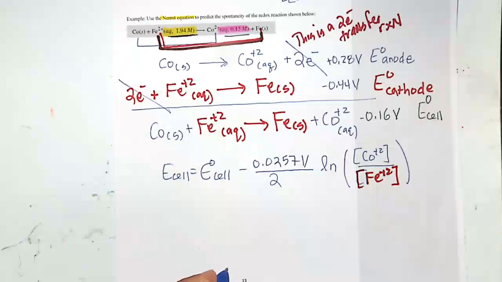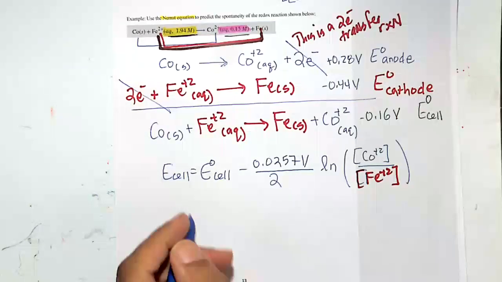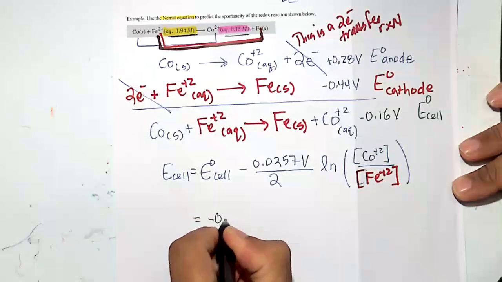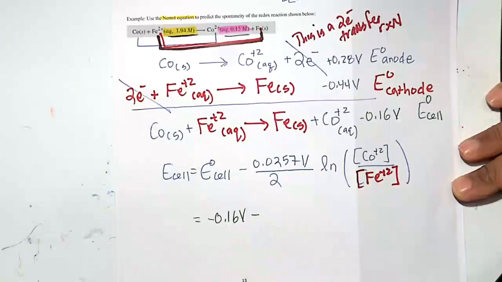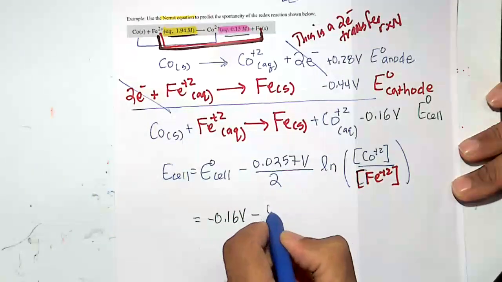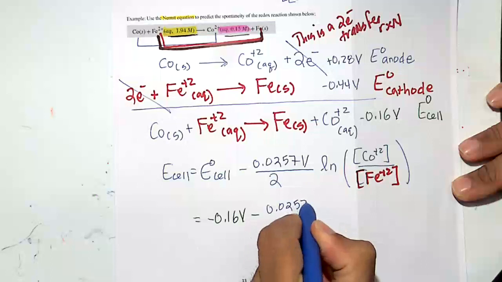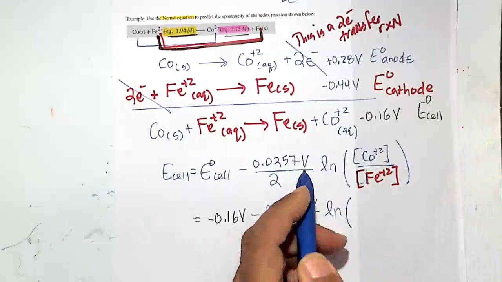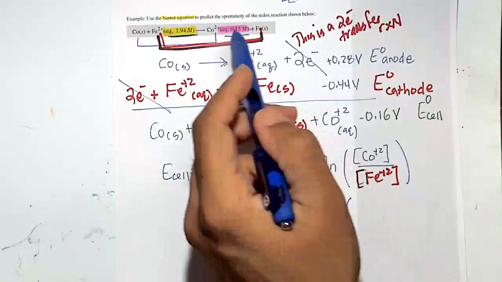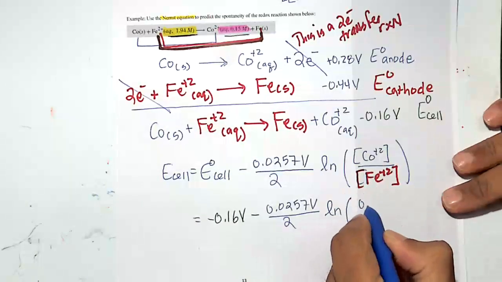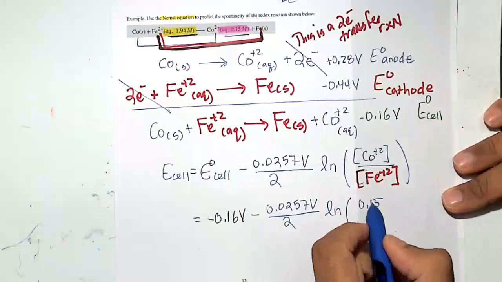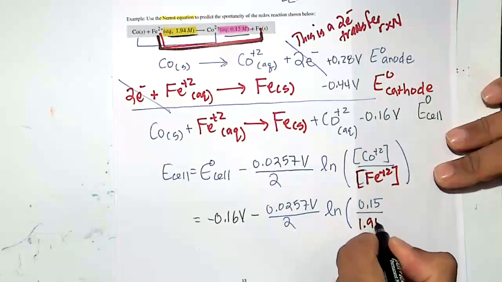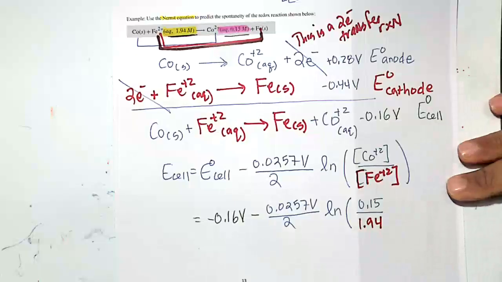All right, are we ready to plug everything in? E cell here is minus 0.16 volts, minus 0.0257 volts divided by 2 natural log of cobalt plus 2, 0.15 molar, divided by Fe plus 2, 1.94.